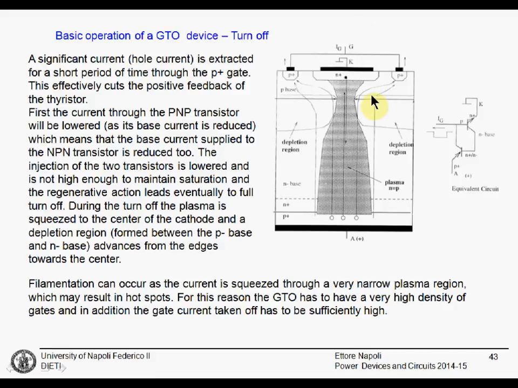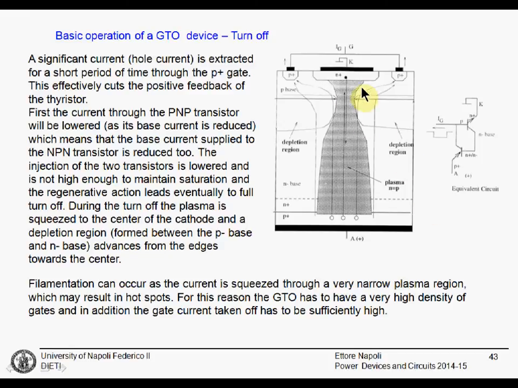As you can see, firstly, the current through the PNP transistor will be lowered because the base current for the PNP transistor, which is made of electrons, is reduced. This means that we will reduce the base current for the NPN transistor, and in the end this is not enough to keep the saturation, and we will reach the complete turn-off.